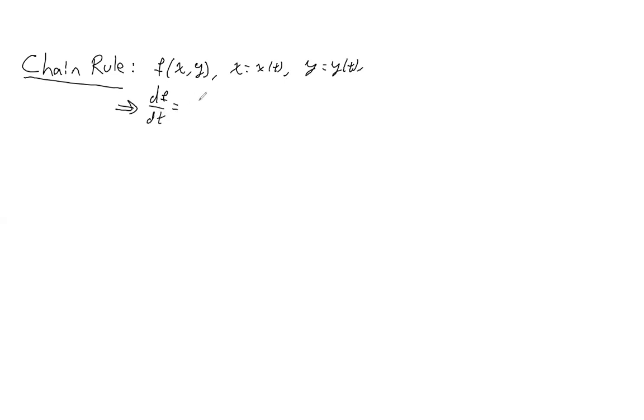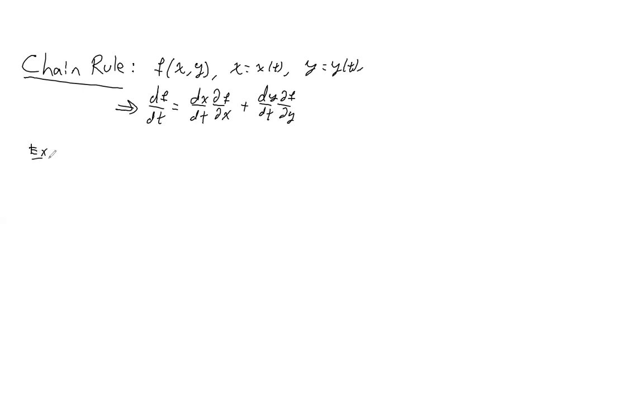So you can differentiate f with respect to t, and what you get is exactly what you expect: dx/dt ∂f/∂x plus dy/dt ∂f/∂y. And it carries over to any number of variables.